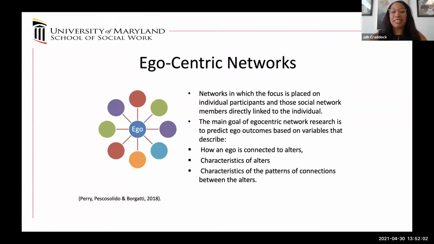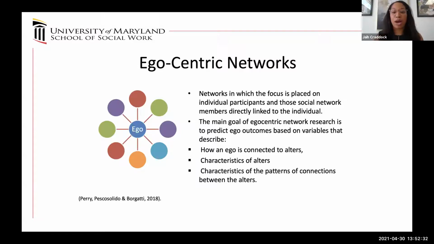So just to give you a little more information about the egocentric network. Again, this really focuses on the individual and those social network members who are directly linked to that individual. Going back to the previous presentation where she talked about social capital and social support, we're really looking at that individual and the type of social capital and social support they're gaining from people who are directly connected to them.